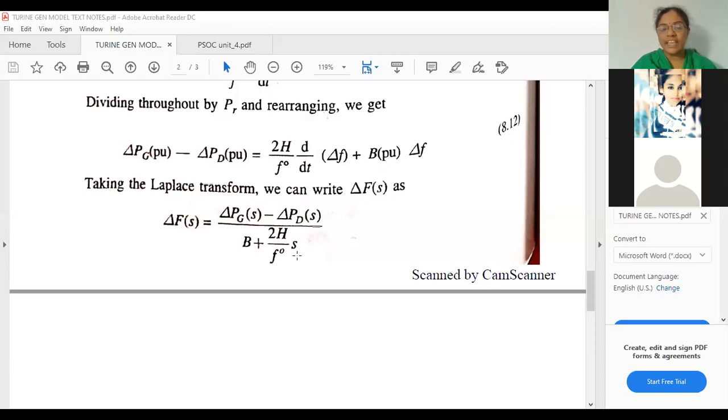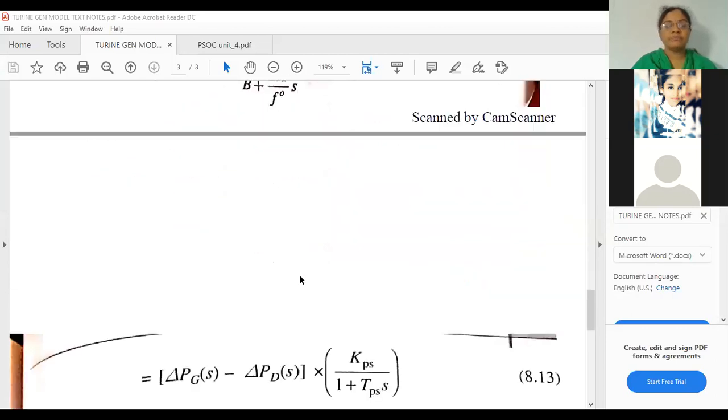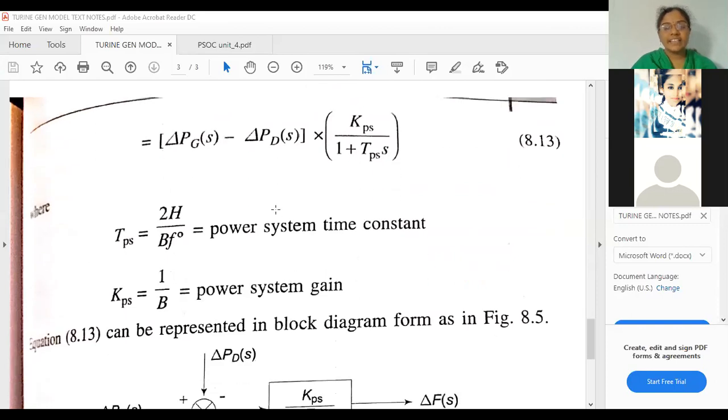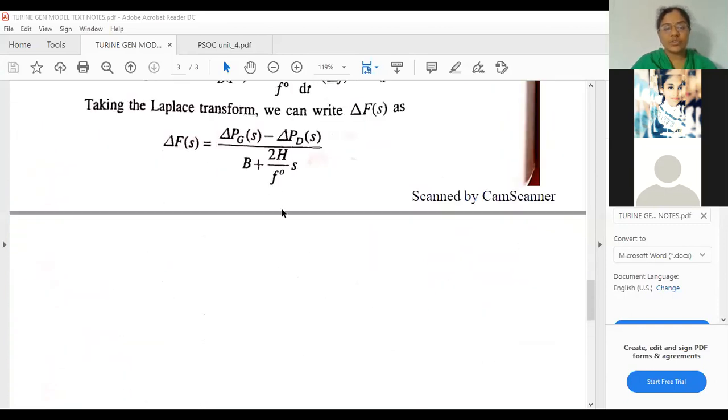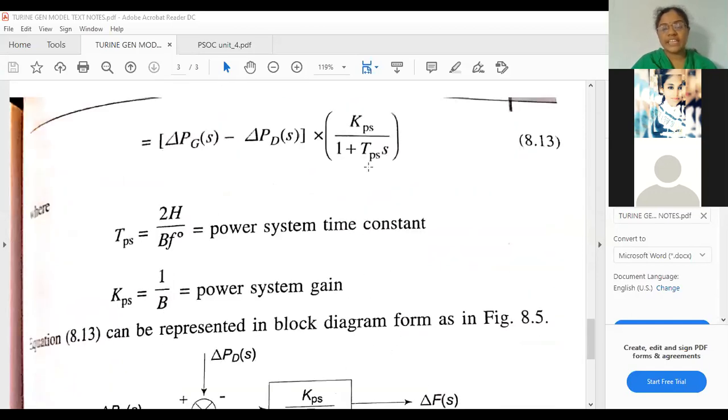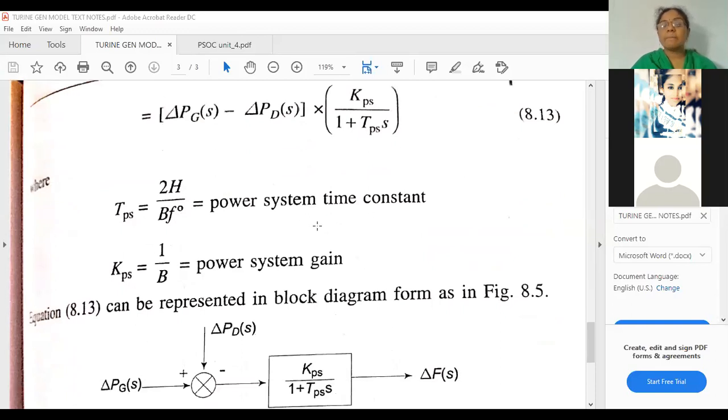Here we are just transforming this denominator in terms of gain and time constant. That is TPS is 2H by B F naught and KPS is 1 by B. So we take this as power system time constant and power system gain.